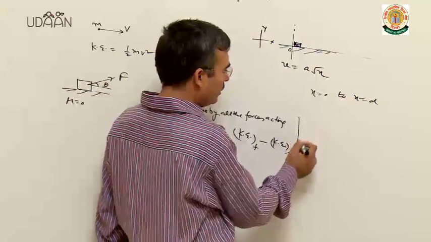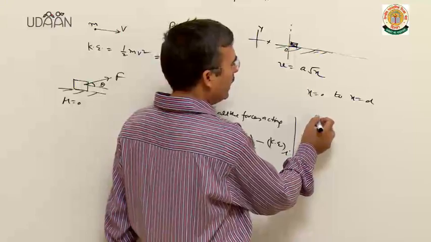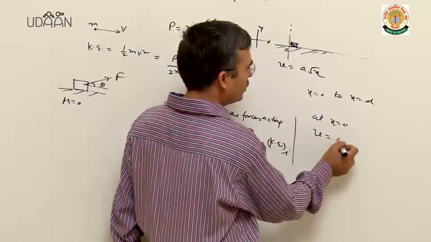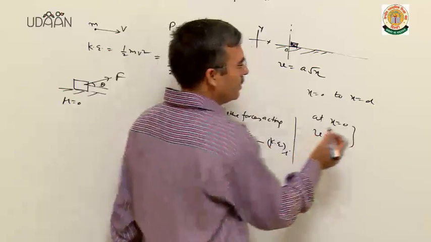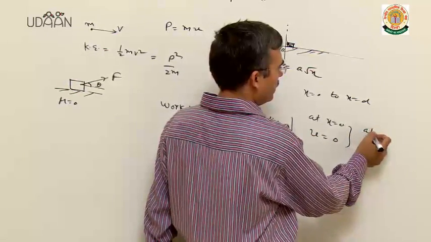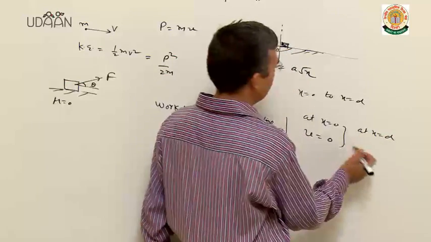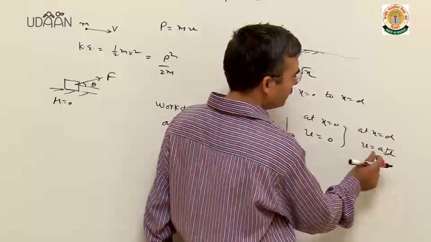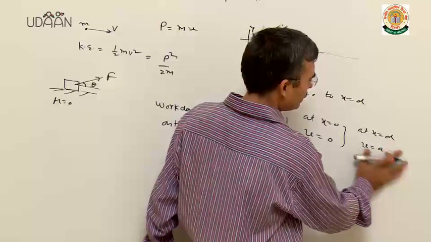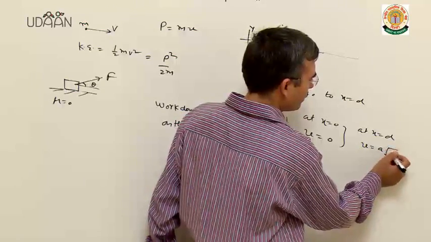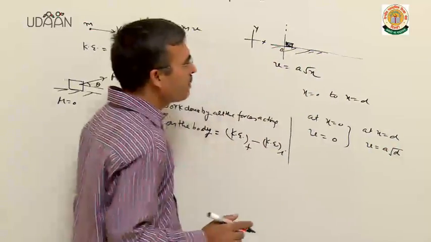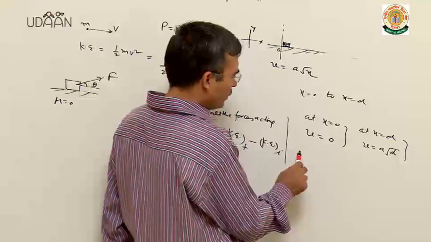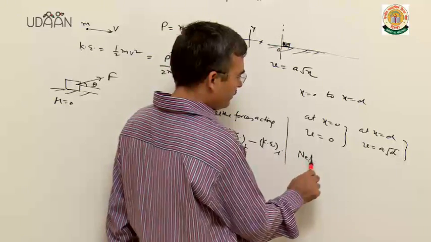Now at x equal to 0, velocity is clearly 0, and at x equal to d, velocity becomes a root d, that is a root d, final velocity. So work done by all the forces, net work done.